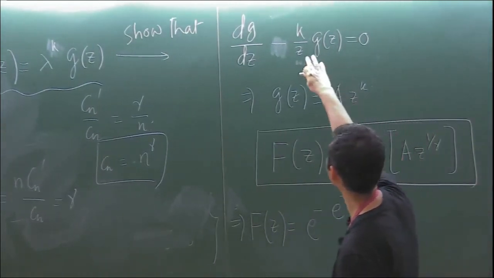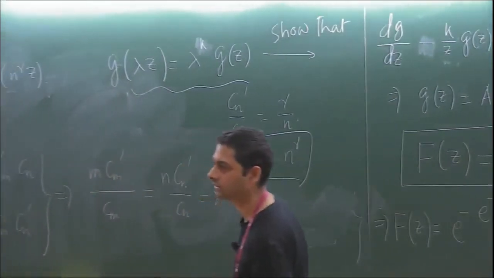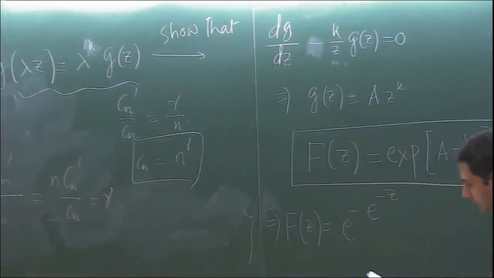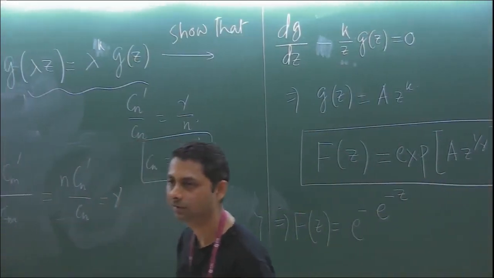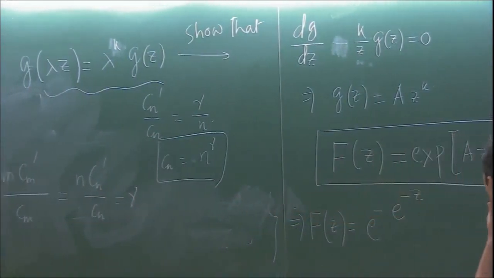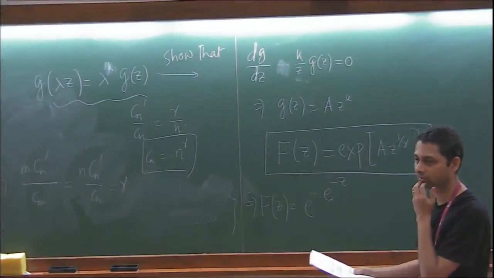You just transform your lambda to n to the power gamma. So this is the solution you have. Now you still have to find a and b, which you find from your boundary conditions: at z star, one function has to be 0 and another has to be 1.